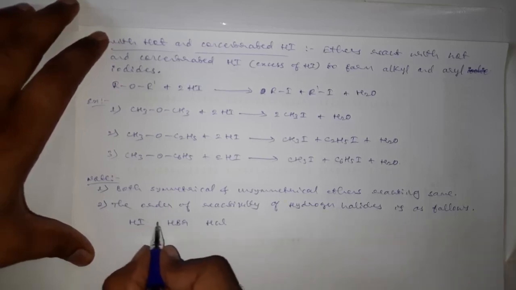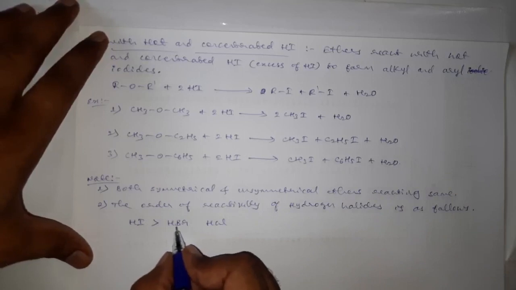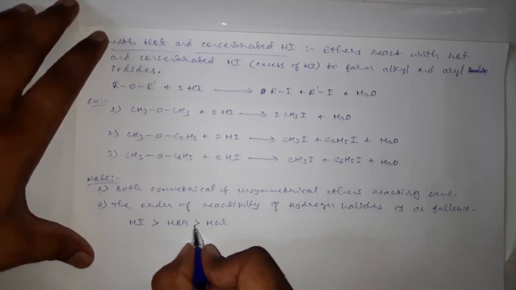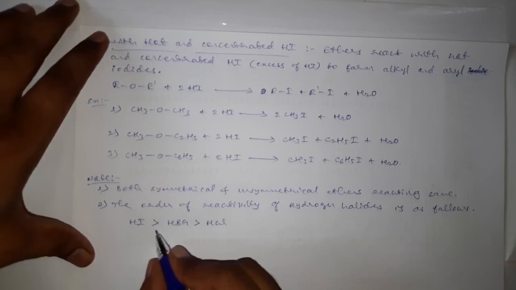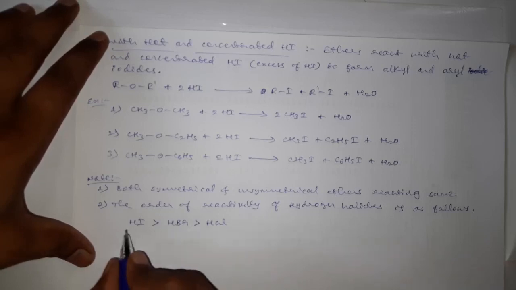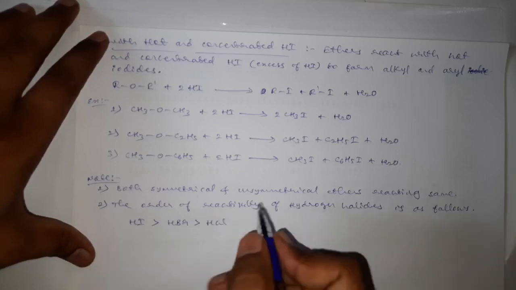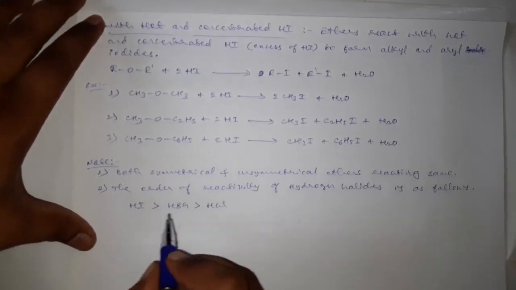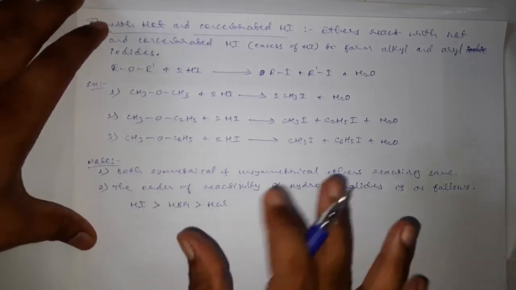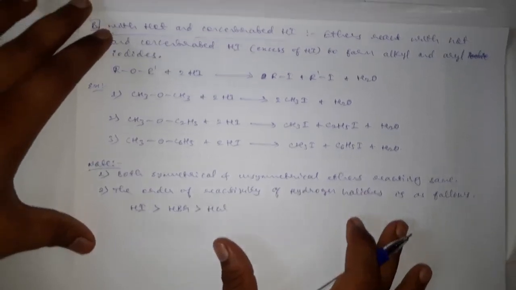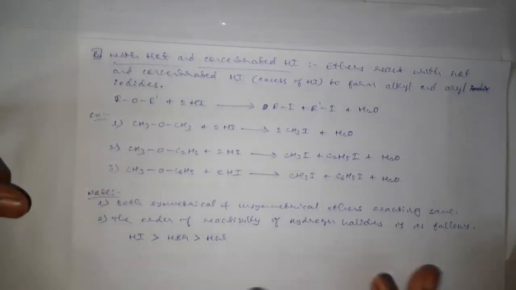Hydroiodic acid is more reactive with the ethers as compared to hydrogen bromide, and this is more reactive as compared to hydrogen chloride. It all depends on their strength of bonds. The bond between hydrogen and iodine is very weak, therefore the bond can be easily broken, and therefore this is the order of reactivity between the hydrogen halides. This is all about the reaction of hot and concentrated hydroiodic acid with ethers.